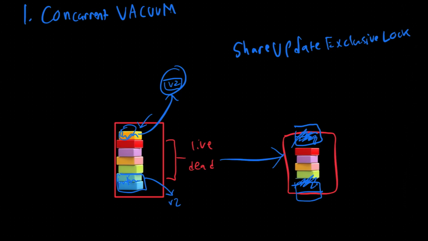If the vacuum process is cleaning these dead tuples, and we apply this to our example of the employee database from earlier, let's say we have a client that wants to read how much money is in their salary amount.